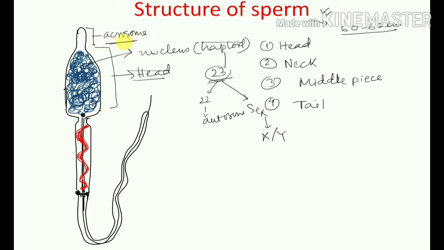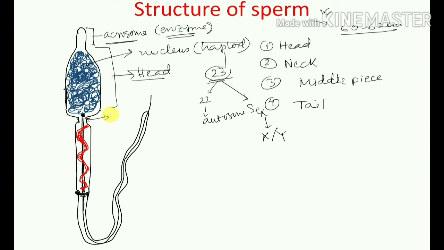It contains different kinds of enzymes which help in fertilization. Actually, it helps to make a pore on the egg.